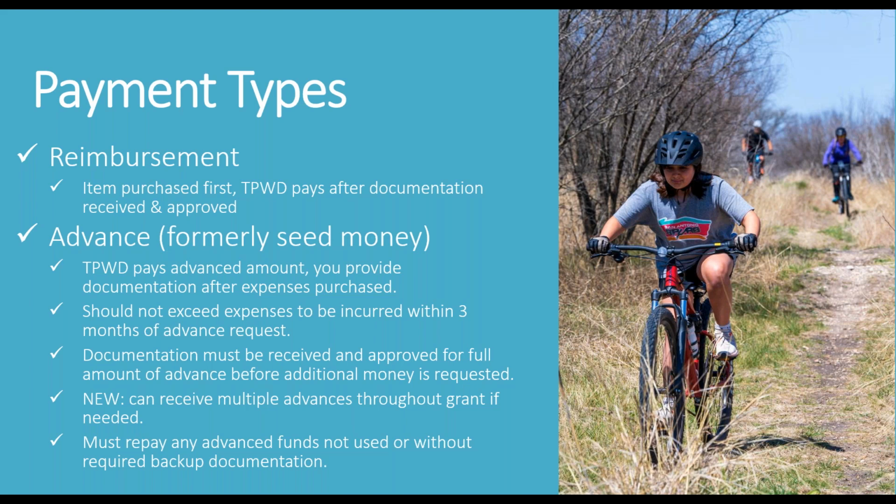If you can't spend the full amount advanced, or you fail to provide backup documentation for all advance funds received, you must repay any unused funds back to the agency. And just so that you guys know, this process is a little cumbersome for us. We have to go find some specific information that you need to include on the payment back to us. And then we have to go searching for those funds when they hit our agency, because they don't always tie back.